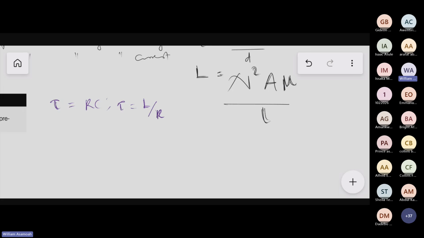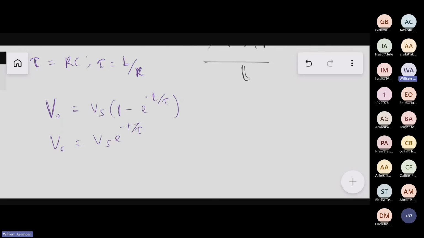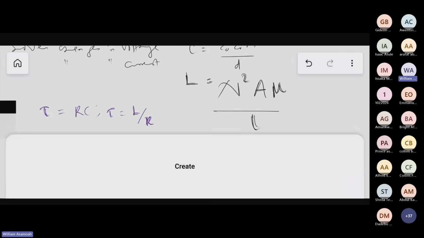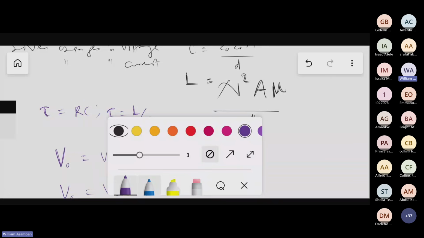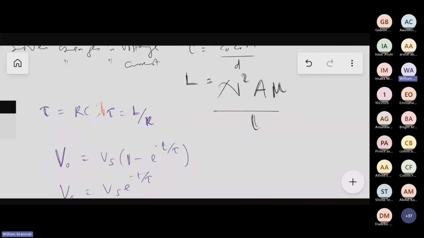If an inductor is charging, its output is Vs times 1 minus e to the negative t over tau. When discharging, it is e to the negative t over tau. The only difference is that tau is L over R. So if you understand a capacitor, you will also understand an inductor.